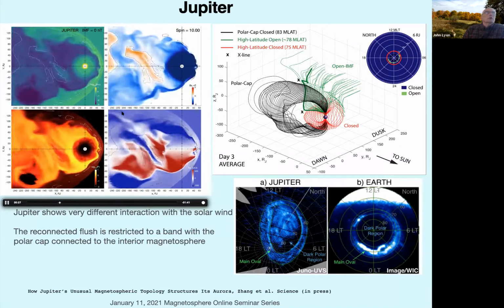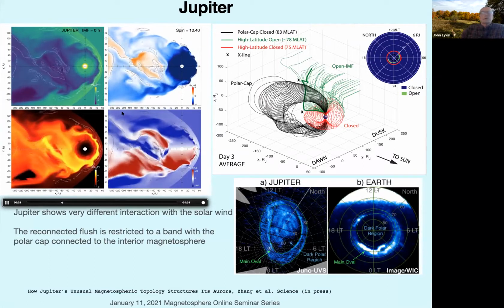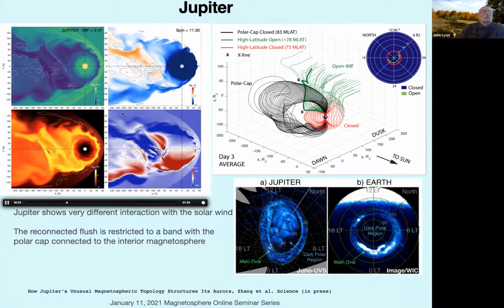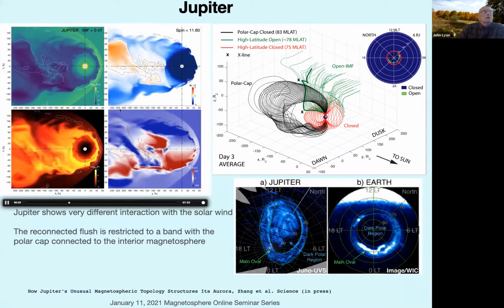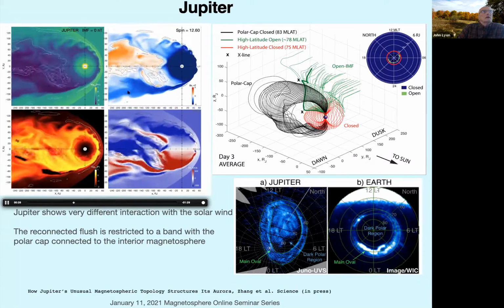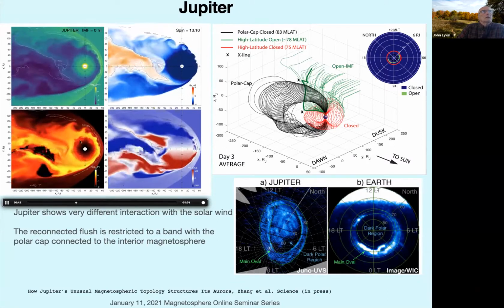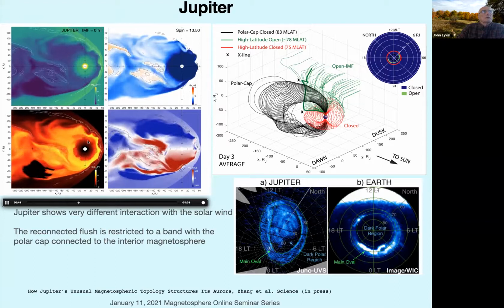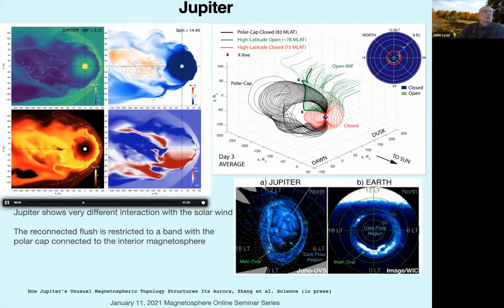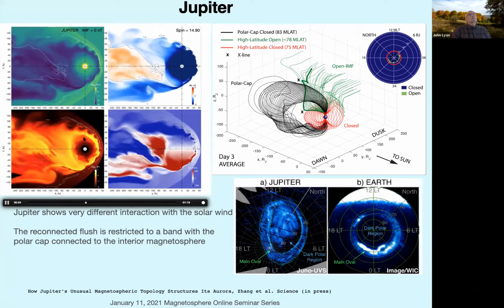One is the very large, really tailored rolls that you get pretty much on one side. And then also there's instability, the interchange instability driven by the rotation close to the planet.